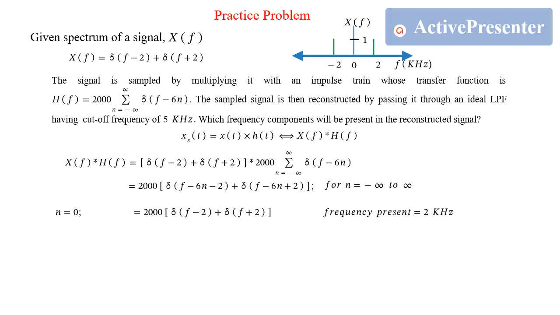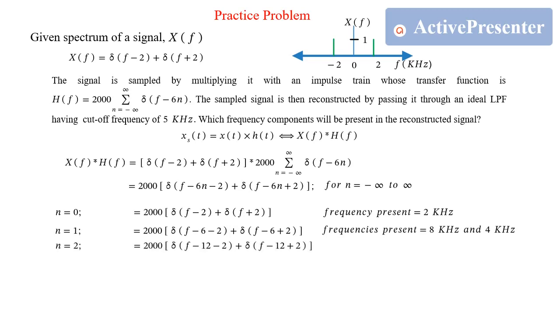When n is 1, the frequencies present are 8 kHz and 4 kHz. When n is 2, the frequencies present are 14 kHz and 10 kHz. And if we keep on increasing the value of n, it will result in higher frequency components. For reconstruction of this sampled signal, it is passed through an ideal low pass filter that has a cutoff frequency of 5 kHz.